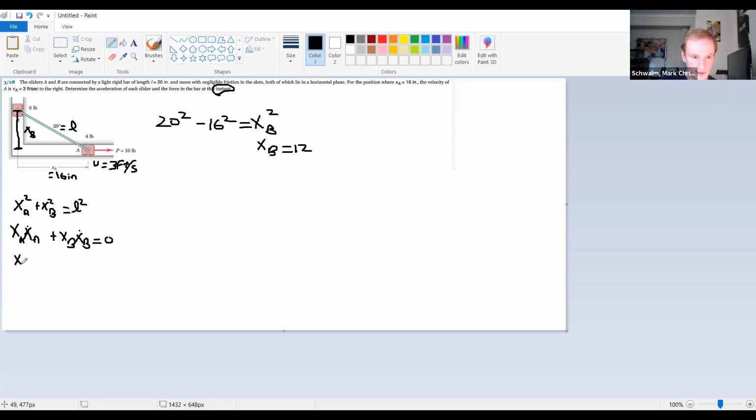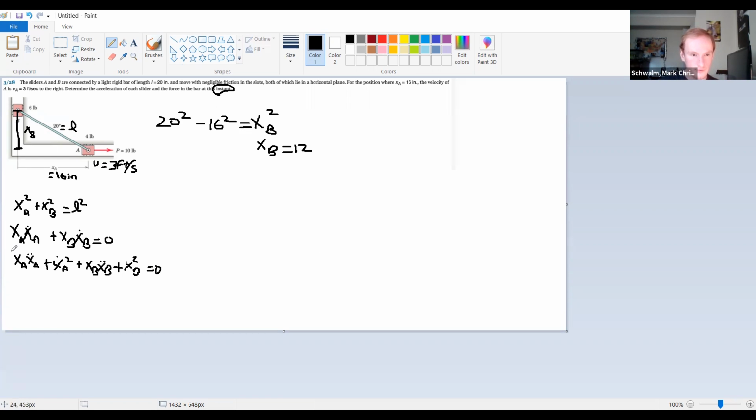So we'll write that down here: x a times x double dot a, which is the acceleration, plus x dot a squared, plus x b times x double dot b plus x dot b squared, all equal to 0.